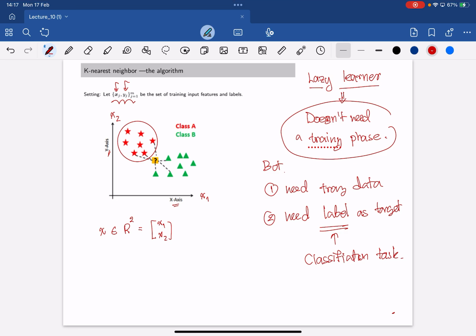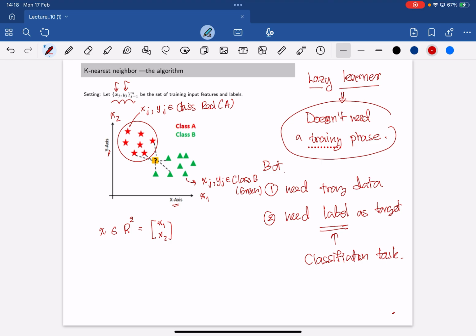Maybe there are data points xj whose associated yj is in class A, or maybe class red. And for these, maybe there are xj and yj where yj belongs to class B, or maybe the green value.